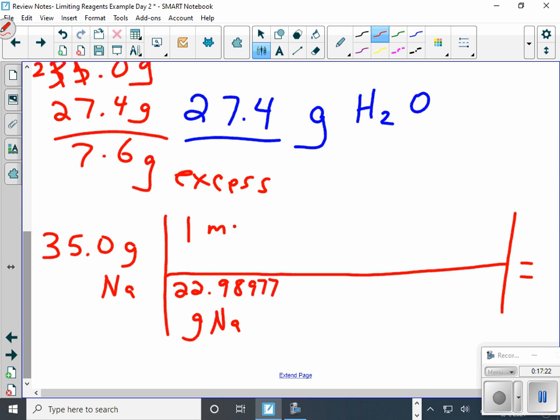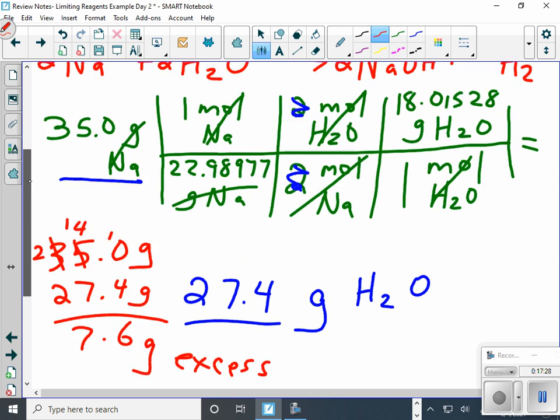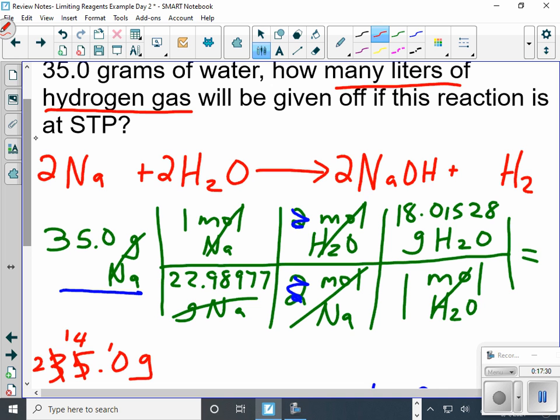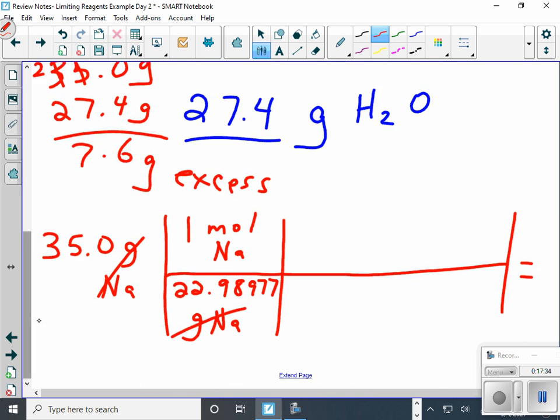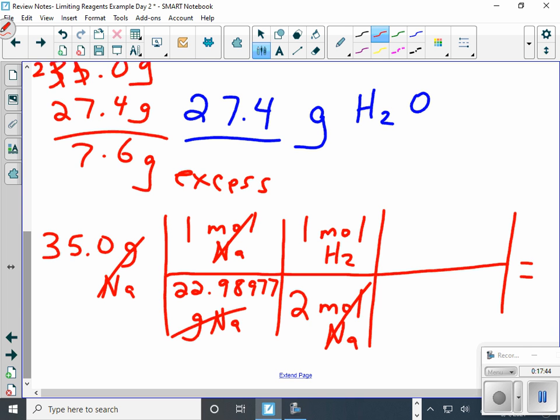That's 1 mole of sodium. My grams cancel. I need to go back and look at my molar ratio. 2 moles of sodium, 1 mole of hydrogen gas. So now I've converted that into moles of hydrogen gas.